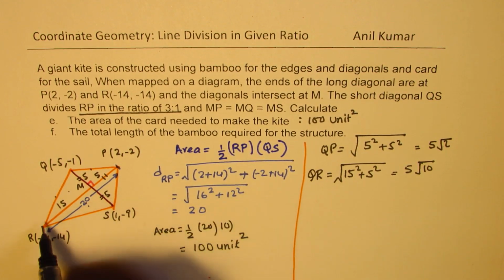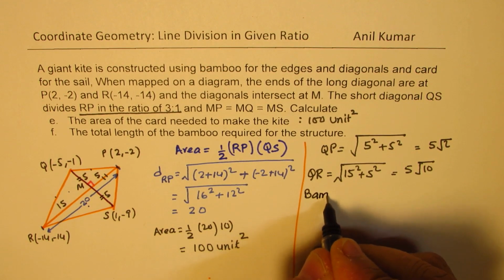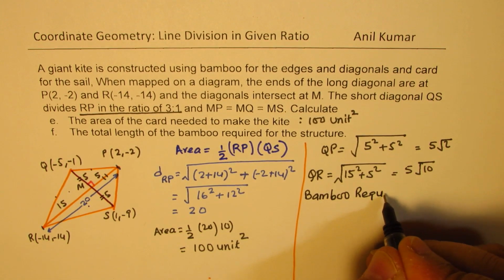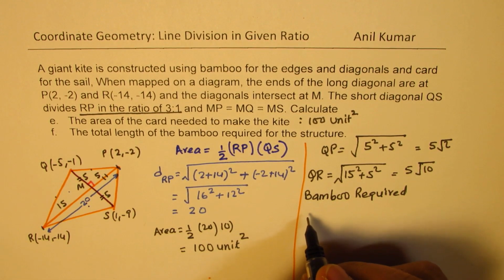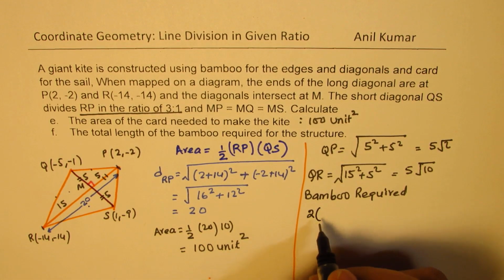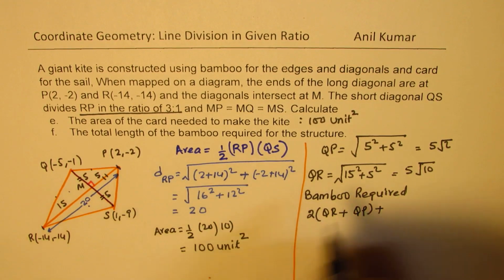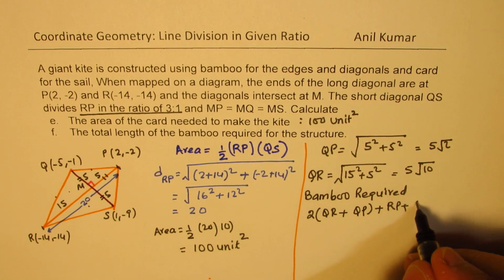So now we need the bamboo required, right? So bamboo required will be what? Now when you are saying bamboo required, then we are also adding the diagonals, correct? So basically, we have to add all the sides. So it is 2 times QR plus QP, plus this length, which is RP, plus the other diagonal, which is QS.